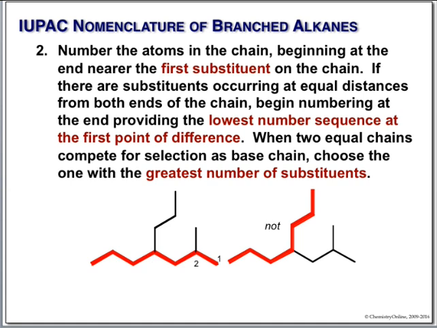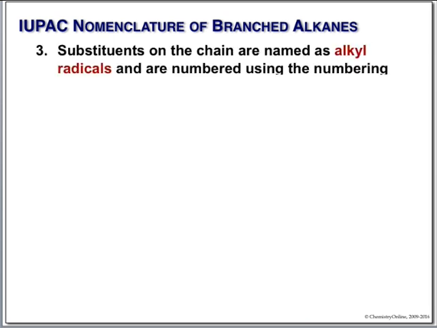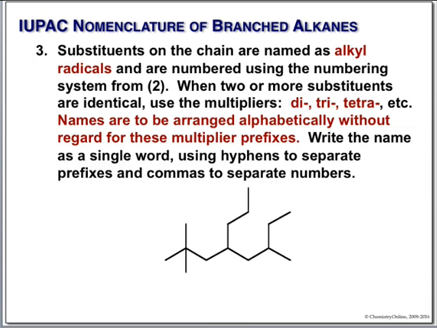So let's go ahead and look at a different compound. Our numbering, we would number here as 1. That gives us 2 as our first substituent. Now this, our first substituent, would be at 4, and there's only 1 substituent, and here we have 2. All right, take this guy.